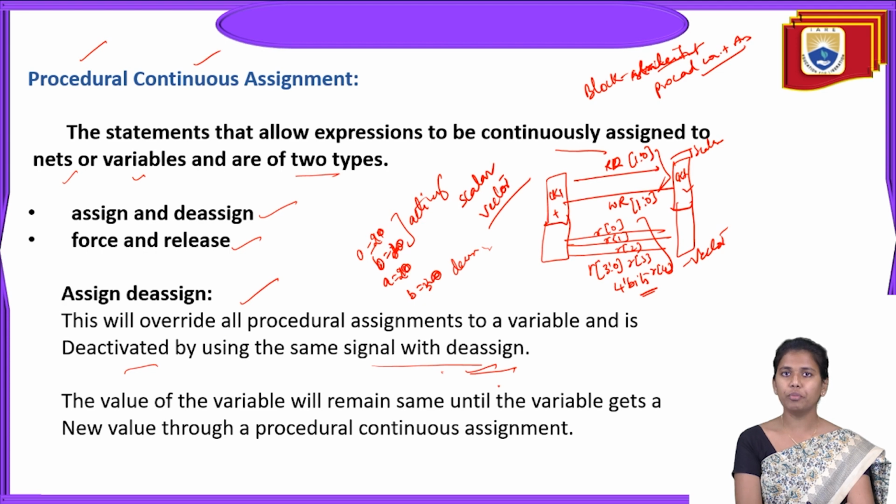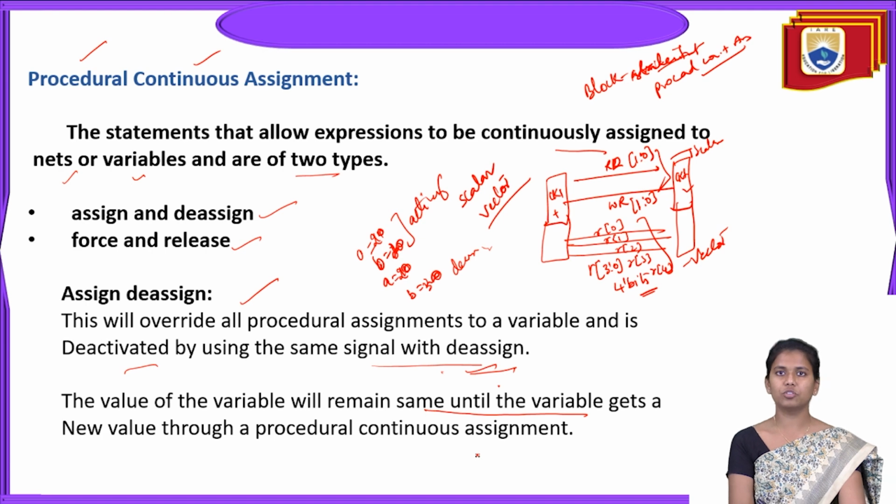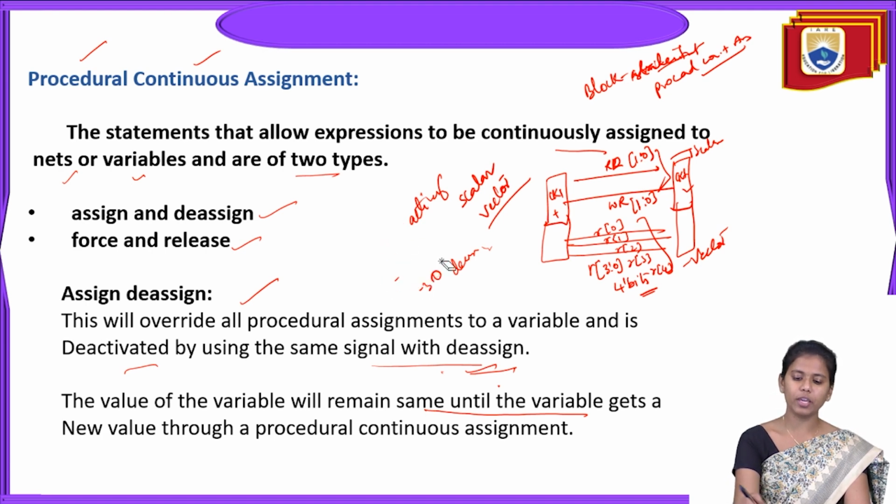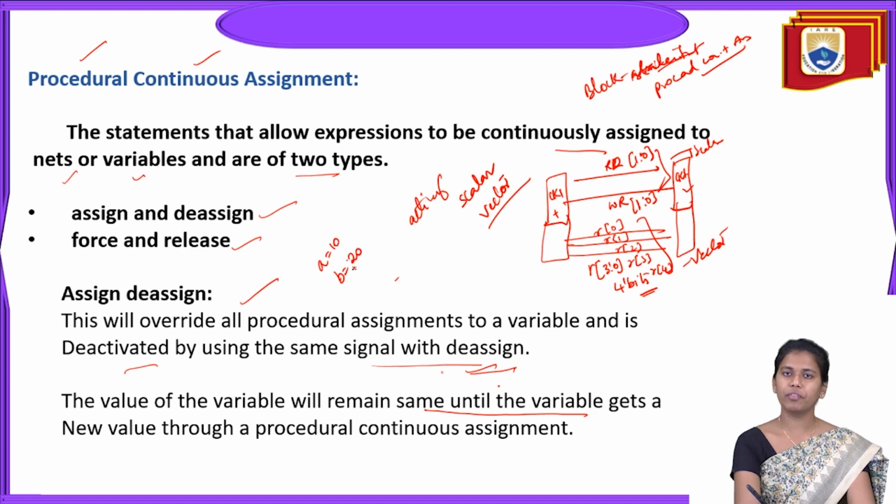Now the value of a variable will remain the same until the variable gets a new value through the procedural continuous assignment. Basically, I'm giving my values onto a variable: a is equal to b, a is equal to 10 and b is equal to 20. Being a designer, as I said, I have the freedom to alter the values. So I'm altering my values: a is equal to 20 and b is equal to 30. As per the sentence, the value of a variable will remain until the variable gets a new value through a procedural assignment.